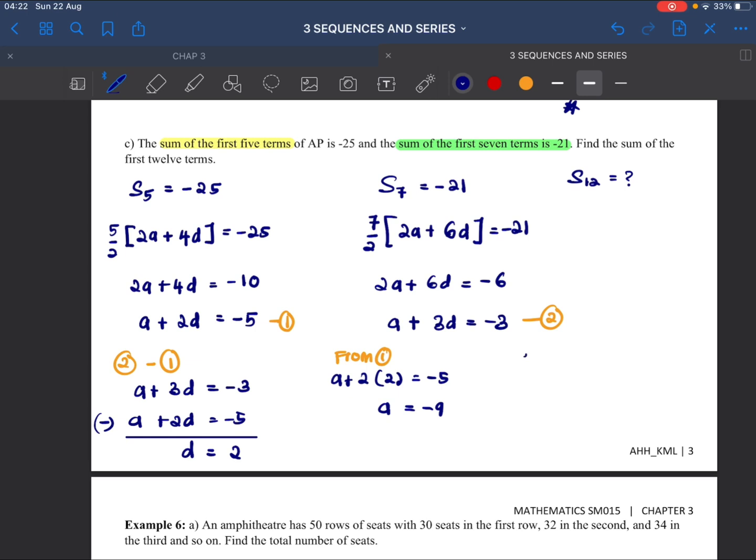So we have, ingat Sn kita is n over 2, 2a plus n minus 1d. So we want to find S12. So 12 over 2, 2 times a is negative 9 plus n minus 1 is 11, d is 2. So here, tekan calculator semua orang, we will get 24.